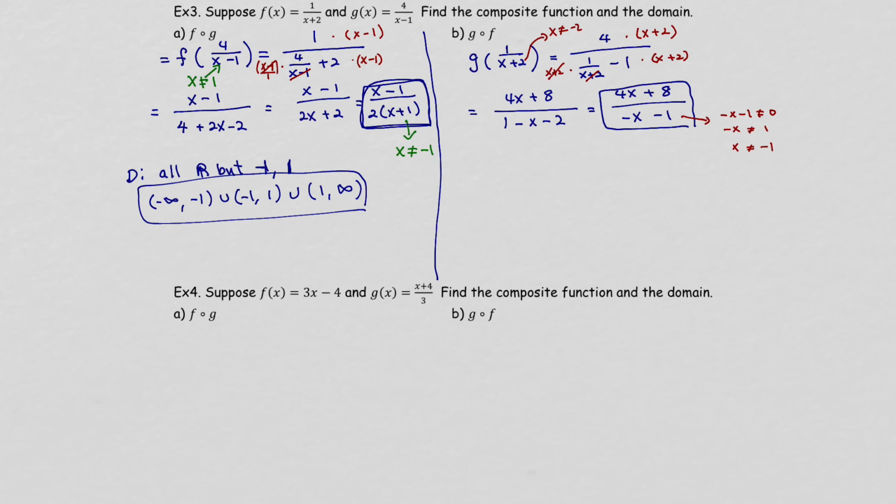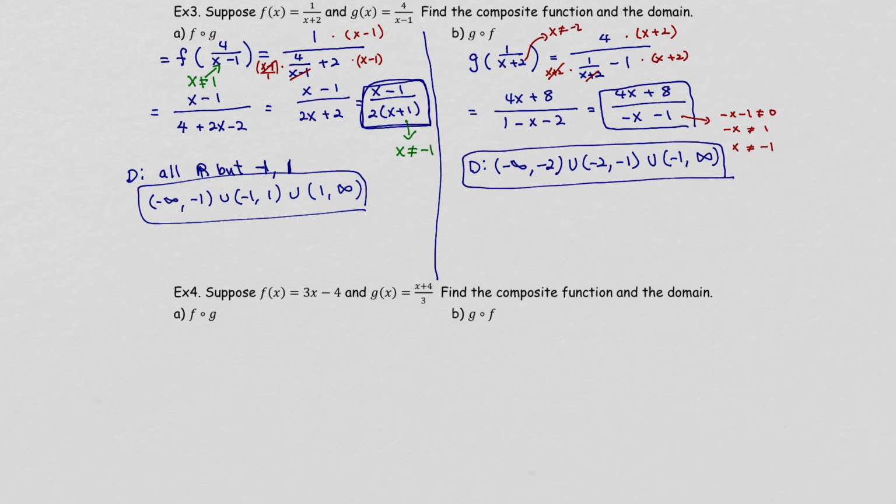So the domain of your composition function is going to be all real numbers but negative 2 and negative 1. So all the way from negative infinity to negative 2, negative 2 to negative 1, negative 1 to positive infinity. So that's the domain.